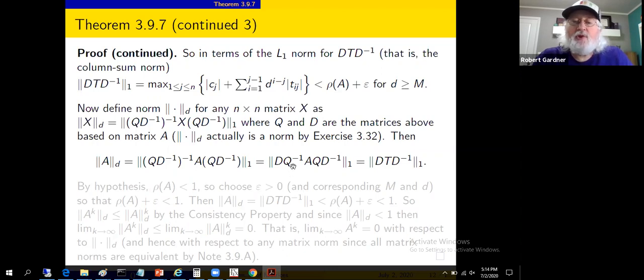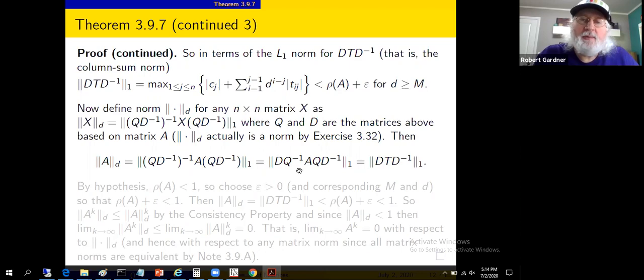We have Q inverse AQ. I believe that was matrix T. And here we've got then DT D inverse. Do you believe Q inverse AQ equals T? Let's run back and check that. When we introduced the Schur factorization of A, that's exactly what we had. But let's run back and check that.